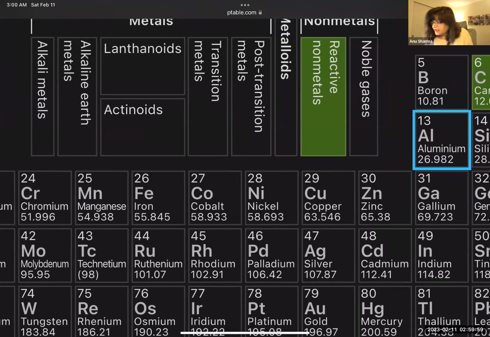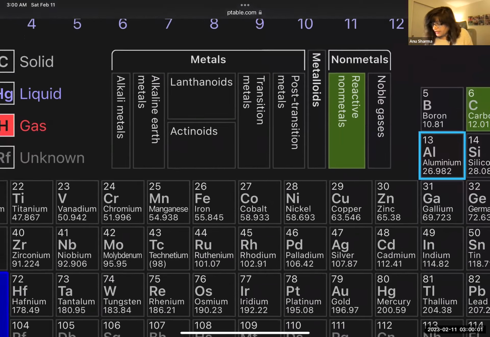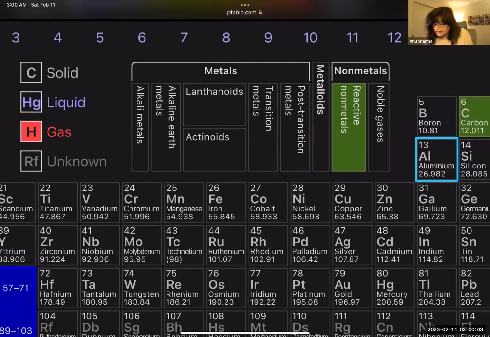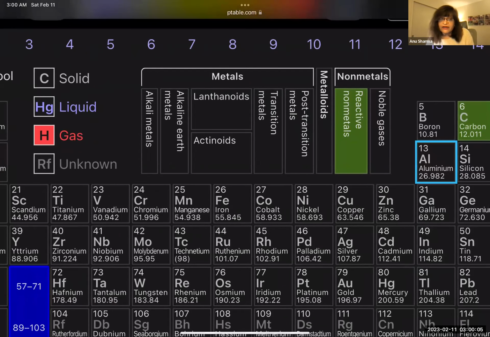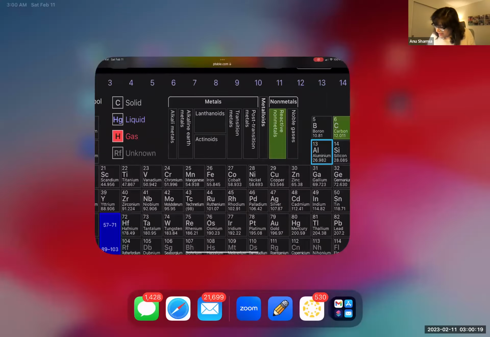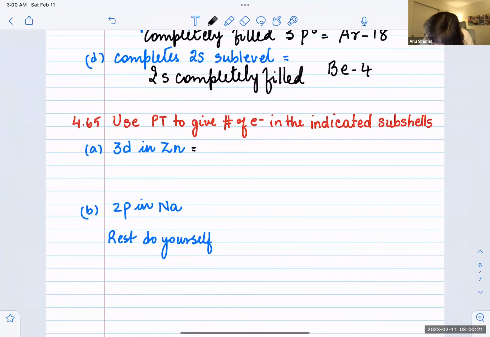That means it will be completely filled. It will be d10. So scandium is d1, titanium d2, vanadium d3, chromium d4, manganese d5, iron d6, cobalt d7, nickel d8, copper d9, and zinc is d10, in the third energy level, 3d10. So go by the placement on the periodic table.